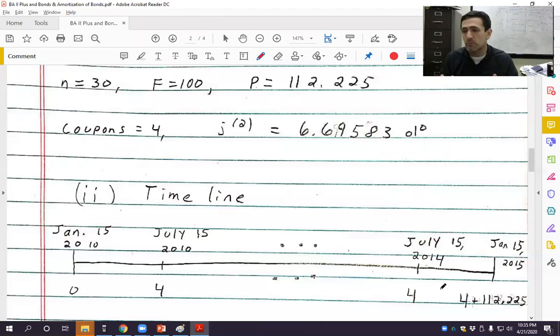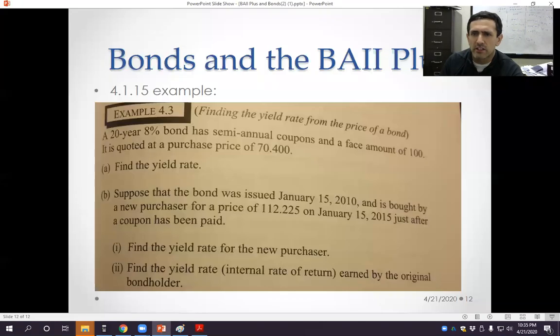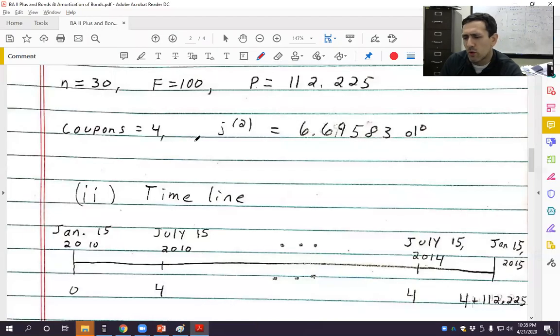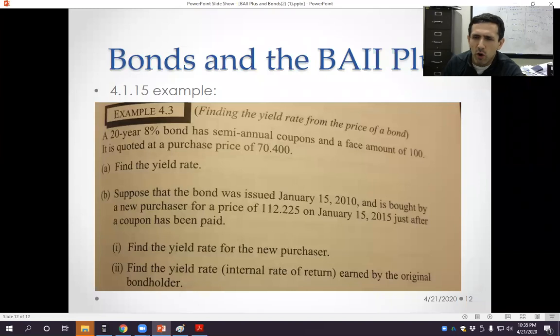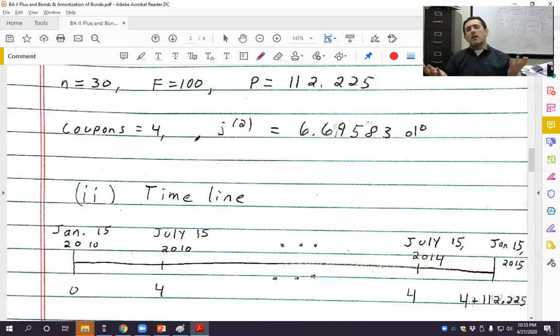This is not necessarily the face value of an 8% bond. 112.225 times 0.04 is definitely not $4. But that's fine. This is still exactly like a bond: $4 coupons, 112.225 at redemption.